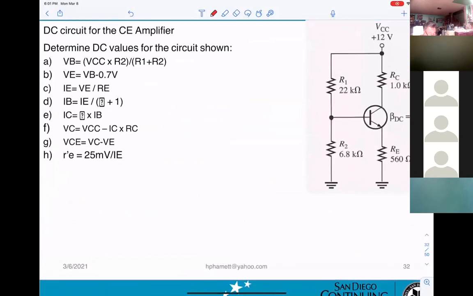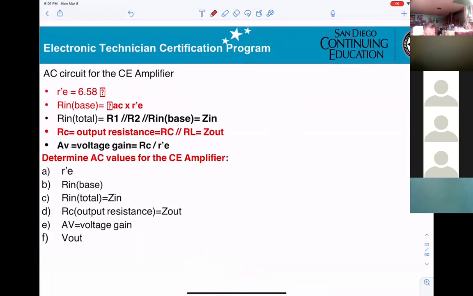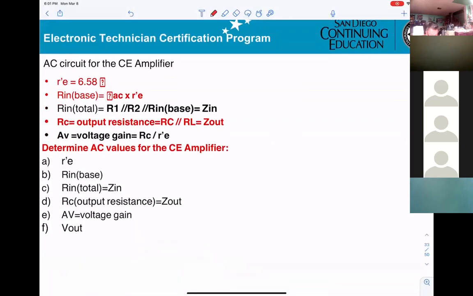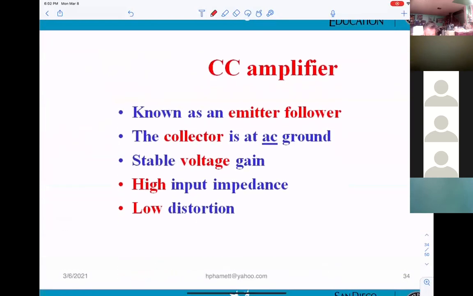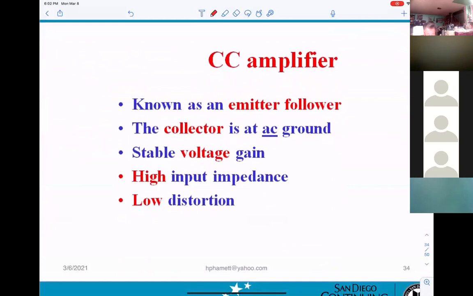Okay, that one, they calculate the DC and they calculate for the AC. CC amplifier. It has another name, emitter follower. Collector is at AC ground.